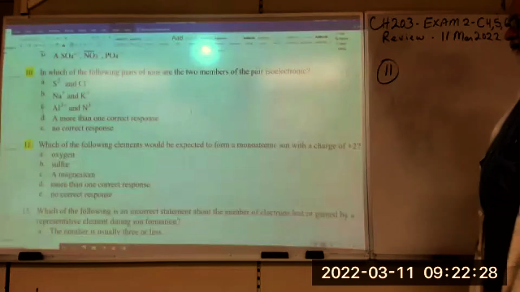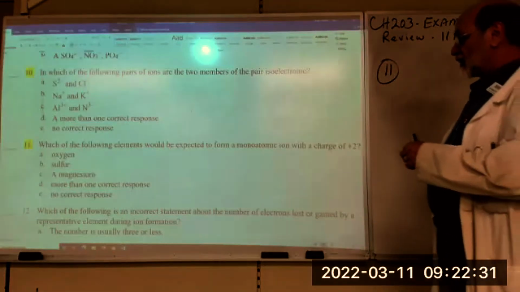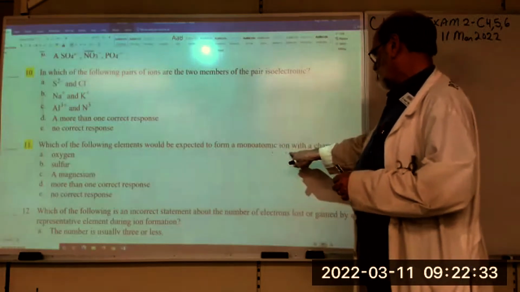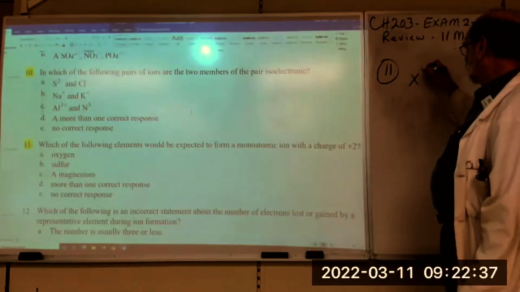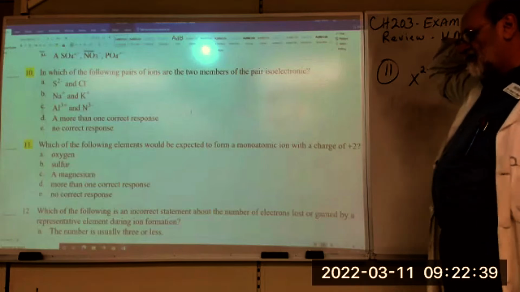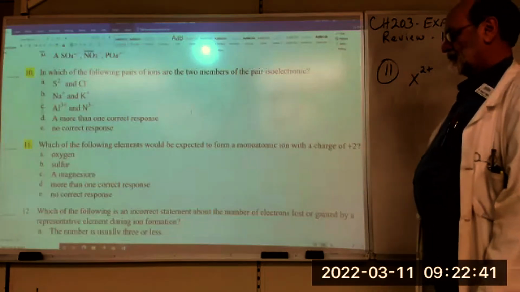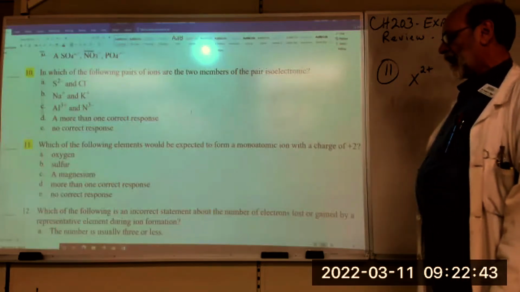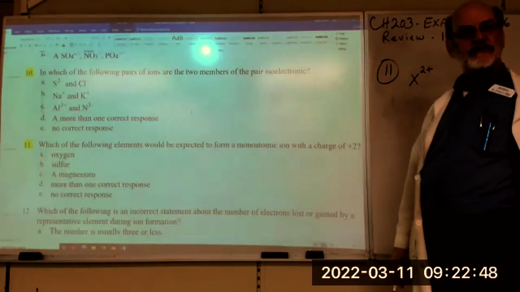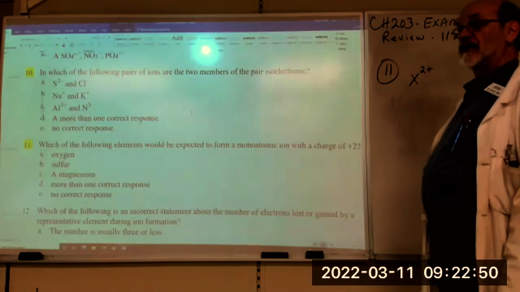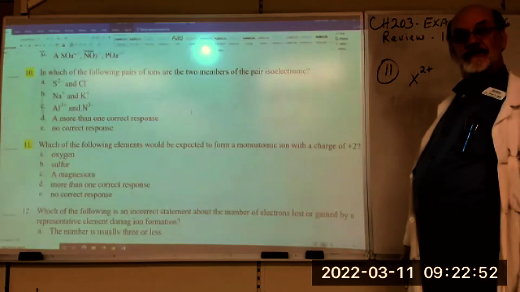Okay, 11. Which of the following elements would be expected to form a monatomic ion with a charge of +2? So we need a monatomic with a 2+ charge. Oxygen. Now that's a 2-. Sulfur. That's a 2-. Magnesium. That's an alkaline earth.